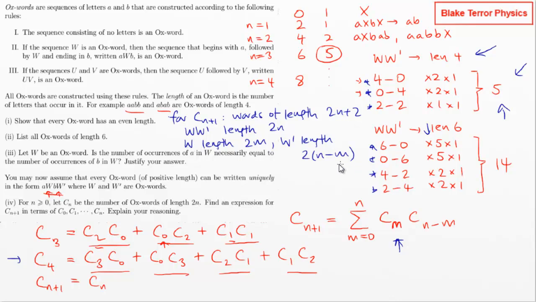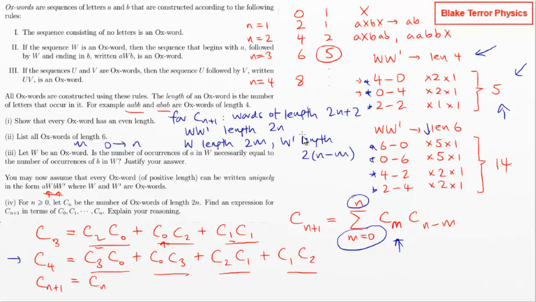So we're perming each one of these. We're stepping through each value of m going up to n. So m is going from 0 up to n. That's the limits on our series, our summation there.